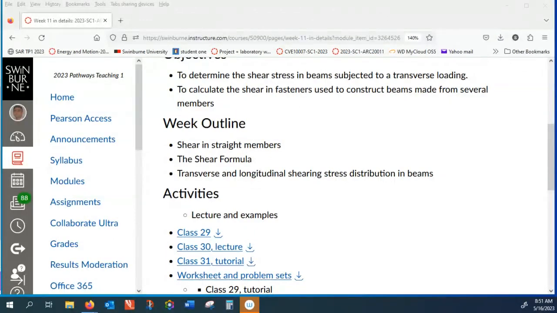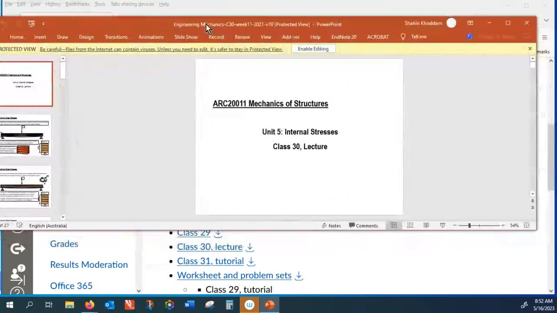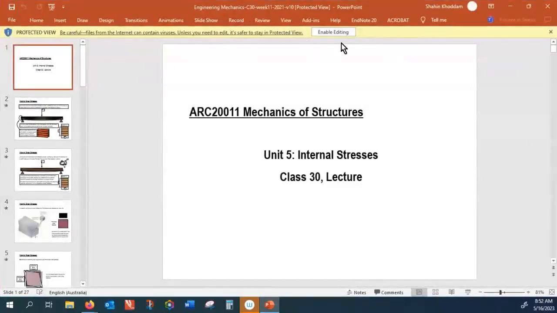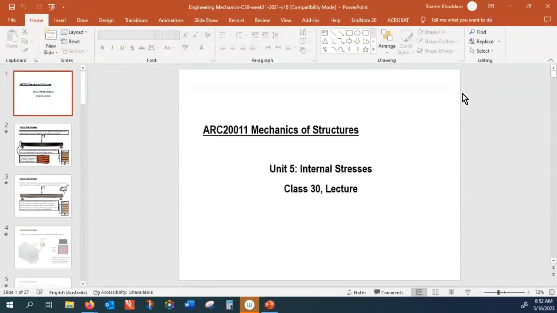Okay, so in today's lecture we conclude the topic of internal stresses. What happens internally inside the structure is important because that is invisible, and a good way of measuring the risk of crack growth is by measuring not the internal forces but internal stresses.